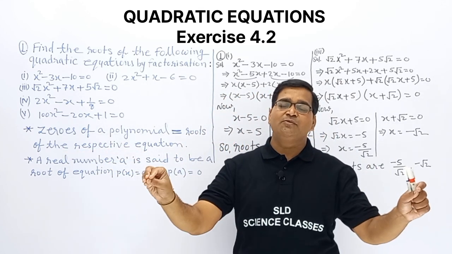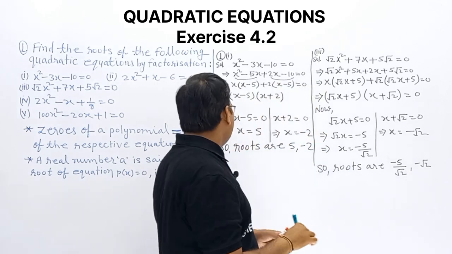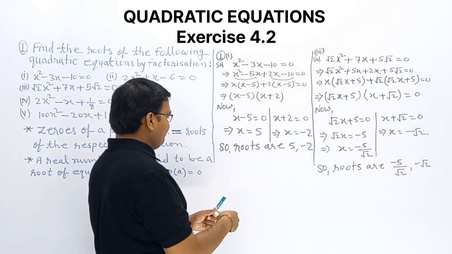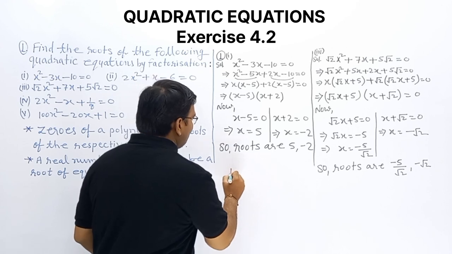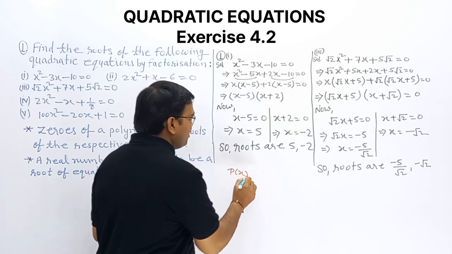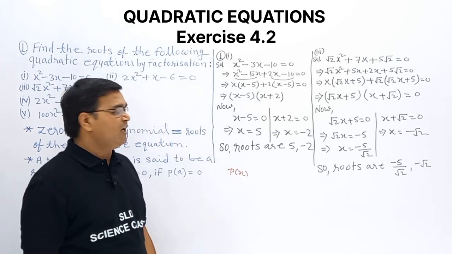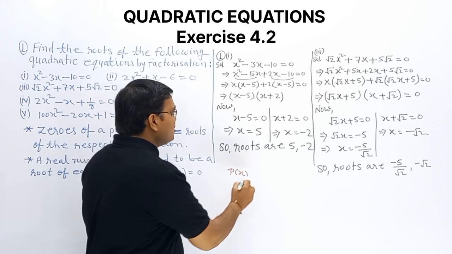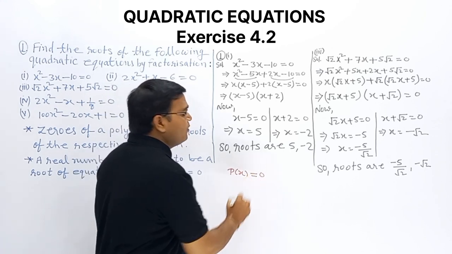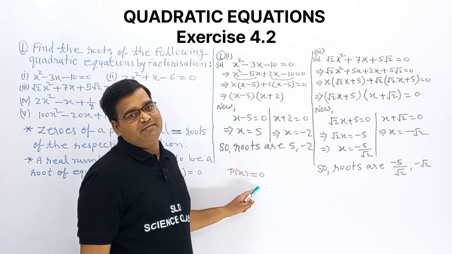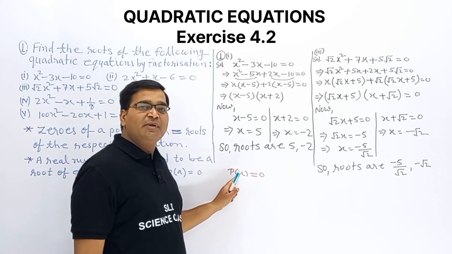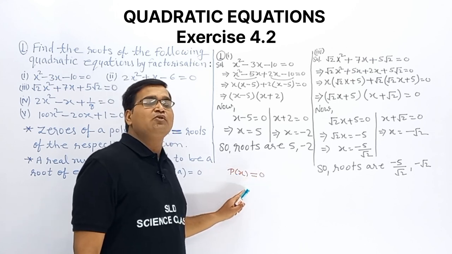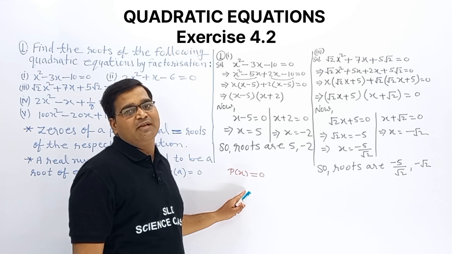Observe, we have one polynomial p of x. Once this polynomial is equal to 0, that is called an equation, and we get the zeros of the polynomial.